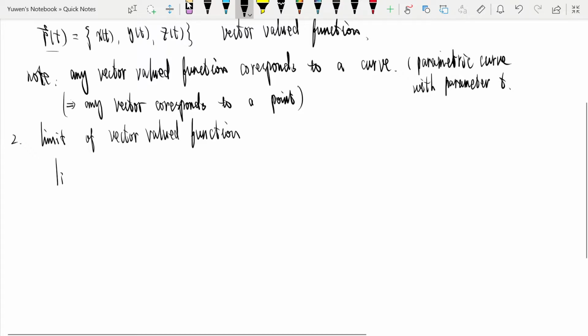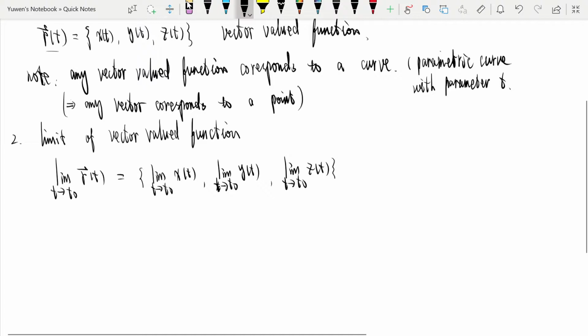The limit as t tends to t naught of r(t) is defined as the limit as t tends to t naught of x(t), the limit as t tends to t naught of y(t), and the limit as t tends to t naught of z(t). That's the definition, or the computation, for the limit.